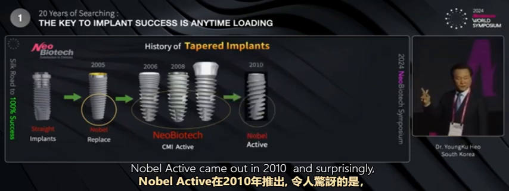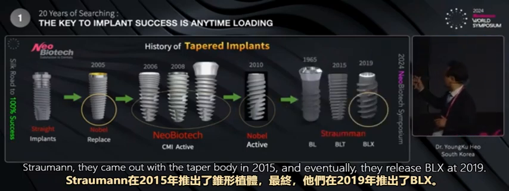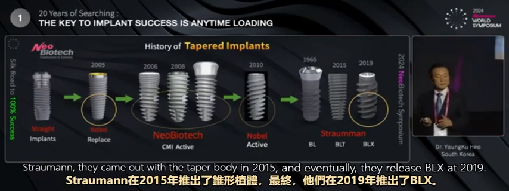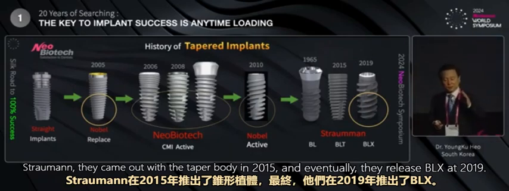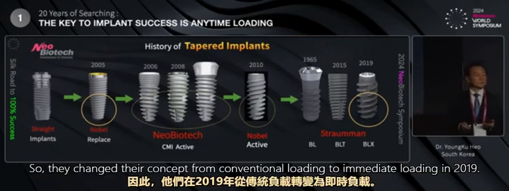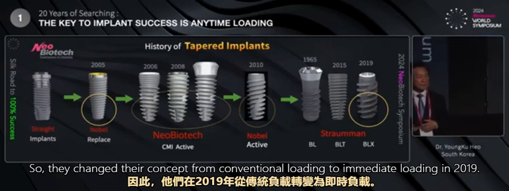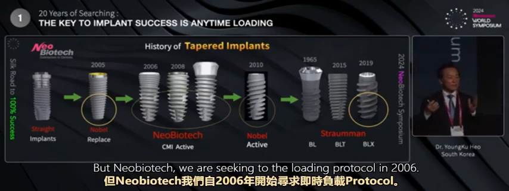And surprisingly, Straumann came out with the taper body in 2015, and eventually they delivered PLX in 2019, as you see there. So Straumann changed their concept from conventional loading to immediate loading. But Neobiotech, we have stuck to the immediate loading protocol since 2006.